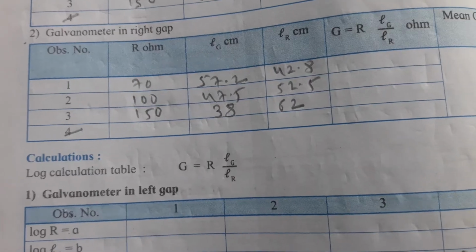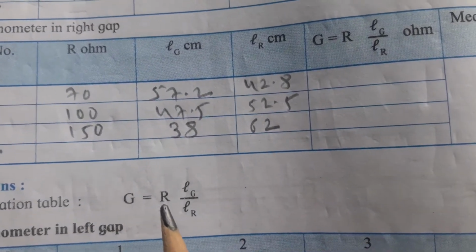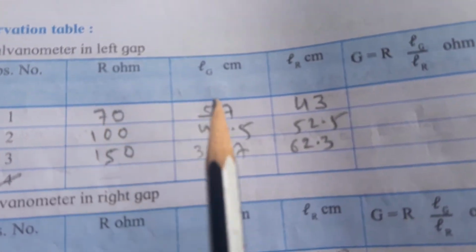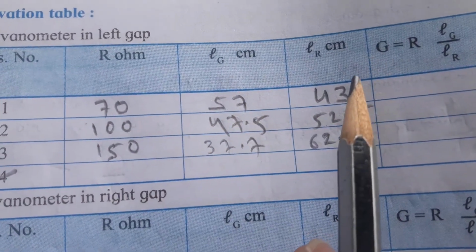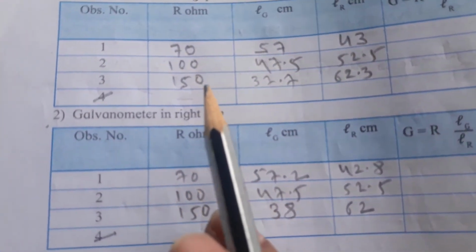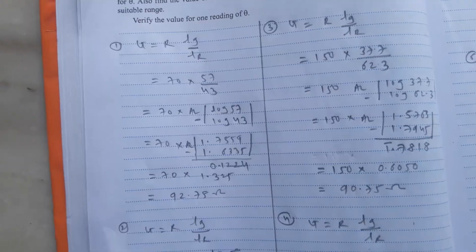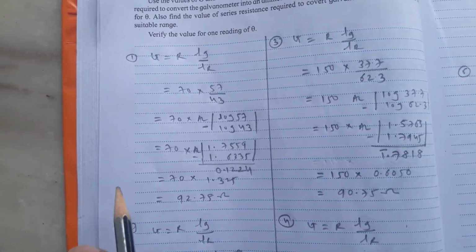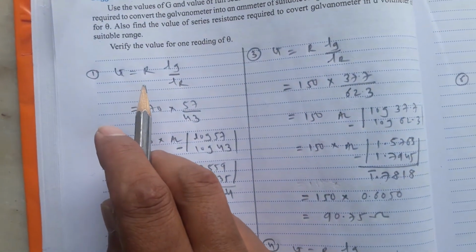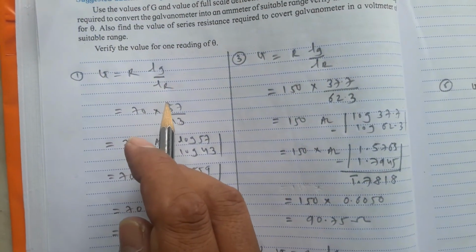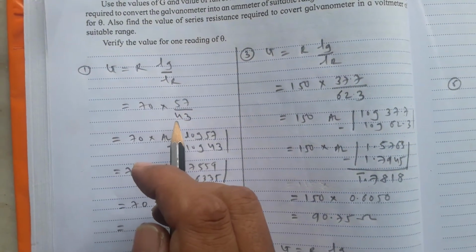For calculation, the formula is G equal to R LG upon LR. R is this value, this is LG, this is LR. So there are 6 calculations, for this 3 and this 3. Our first calculation, students, G equal to R LG upon LR. R is my 70, LG is my 57, LR is my 43.